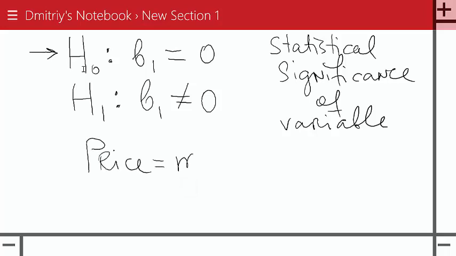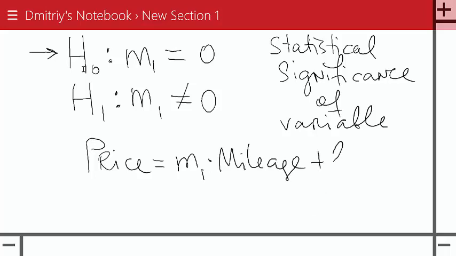So mx, we used m, right? That's what you told me. M is the slope, right? So sorry, it's going to be m1, okay? I was under the false impression that we're using b as the slope. M is the slope, right? So m1 times x, well, x is mileage, right? Times mileage plus b, okay? So this is what we're testing.